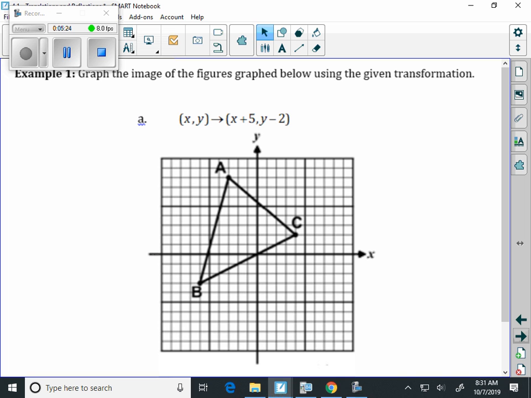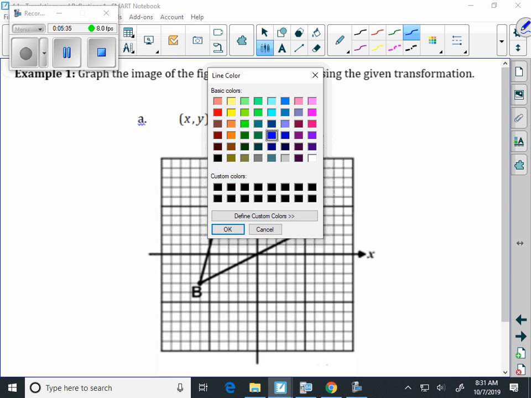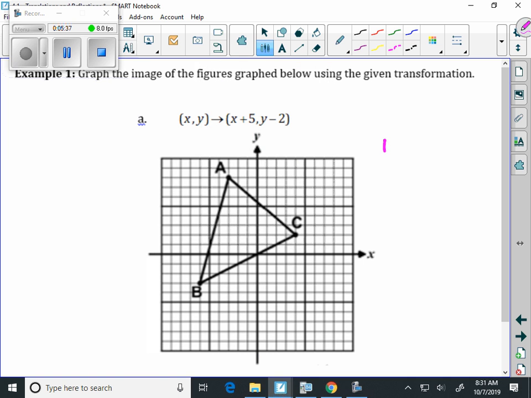This one says x, y maps to x plus 5, y minus 2. The plus 5 means that we're going to move this graph right 5. And the minus 2 attached to the y means that we're going to move it down 2.